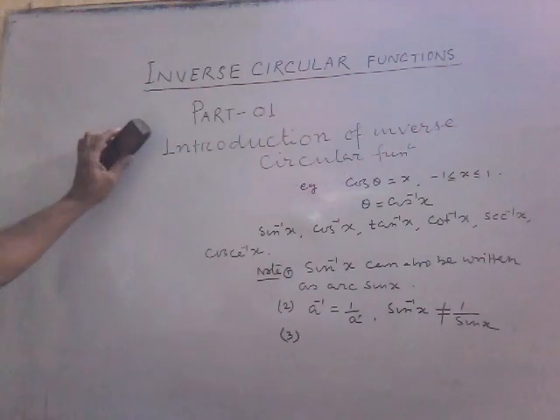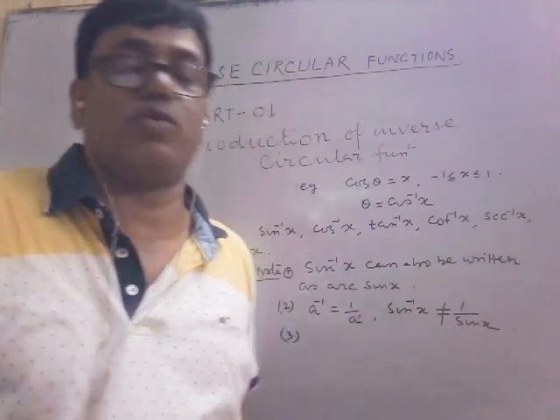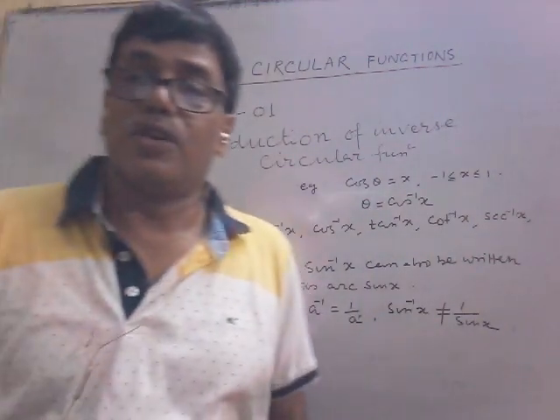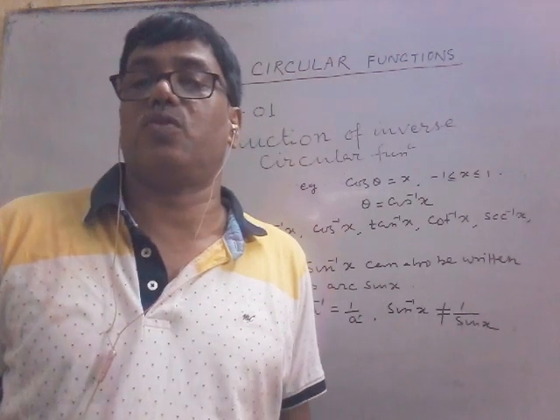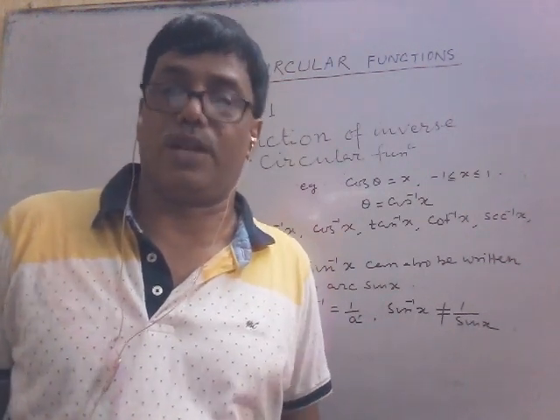So this is the introduction. So what advantage are we now getting? If tan theta equals 1 by 5, you get theta equals tan inverse 1 by 5.